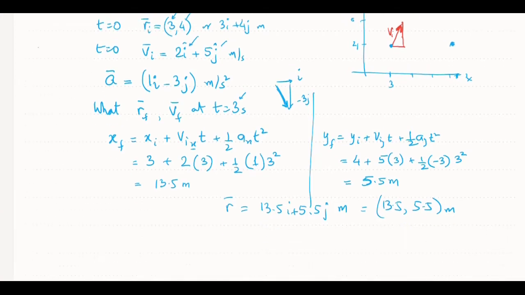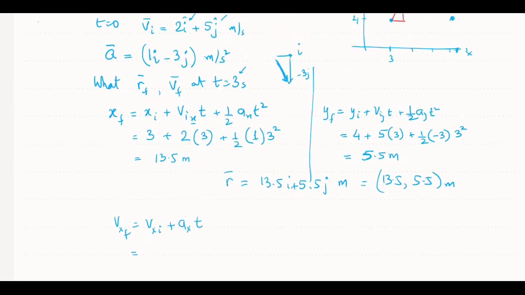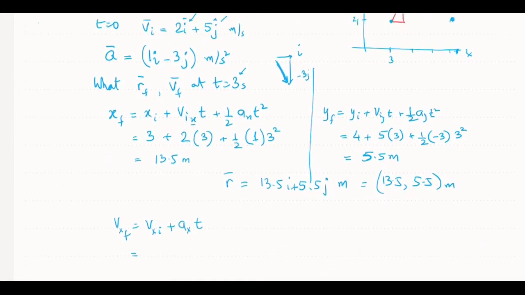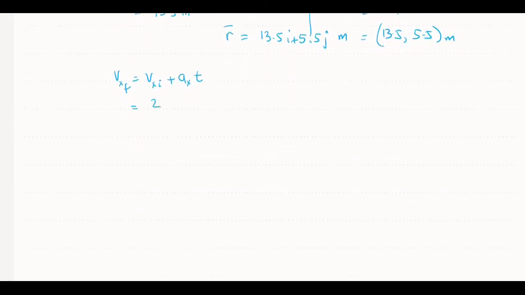Now let's find the velocity at that point. So we can write Vx final equals Vx initial plus ax t, and Vx initial is 2, and the acceleration is 1, so it's going to be 2 plus 1 times 3, so that's going to be 5 meters per second. And Vy final is going to be Vy initial plus ay t.